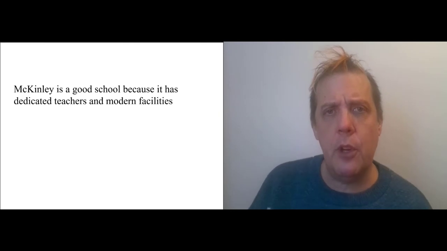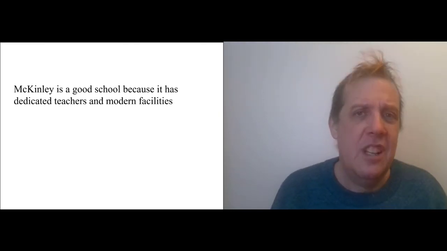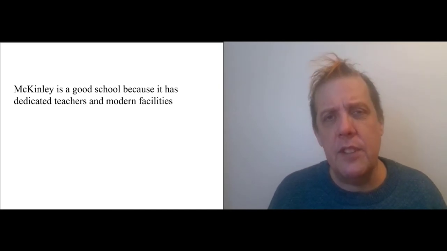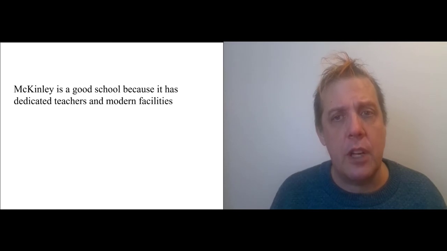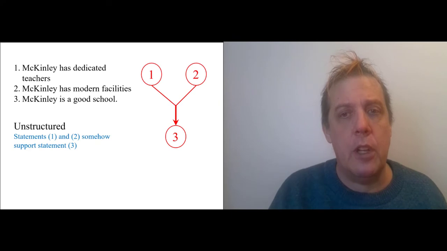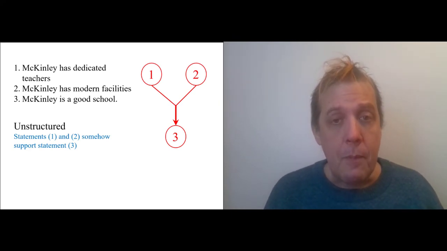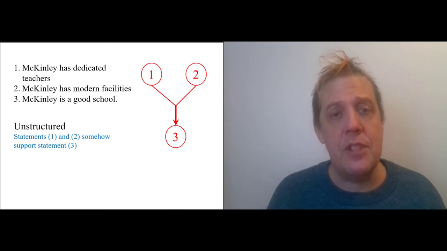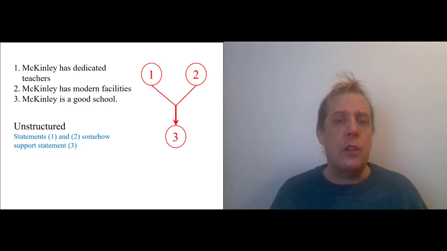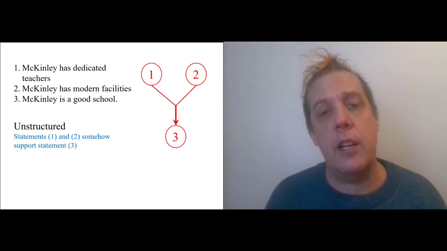Well, how many of those would be sufficient to prove the conclusion? It's just ambiguous. Where this isn't a court case, we don't have the kinds of clear-cut rules of discussion. So for this, we're going to use a third kind of diagram. We call it an unstructured diagram, like this, where somehow the premises come together to support the conclusion, but we don't really know how. This is a little bit different than the way most textbooks present the arrow diagrams.